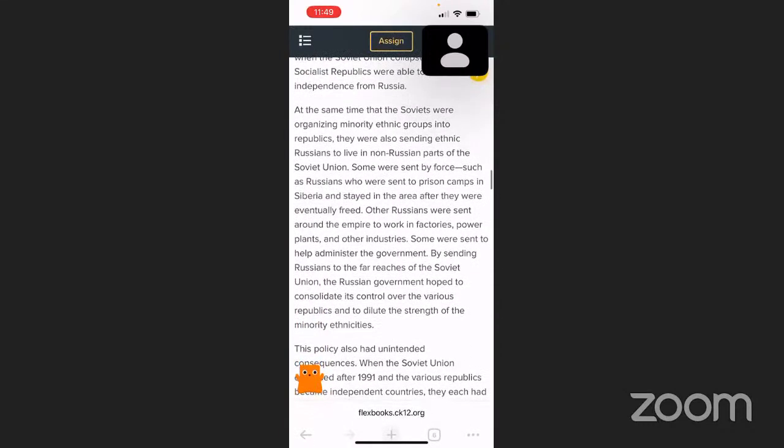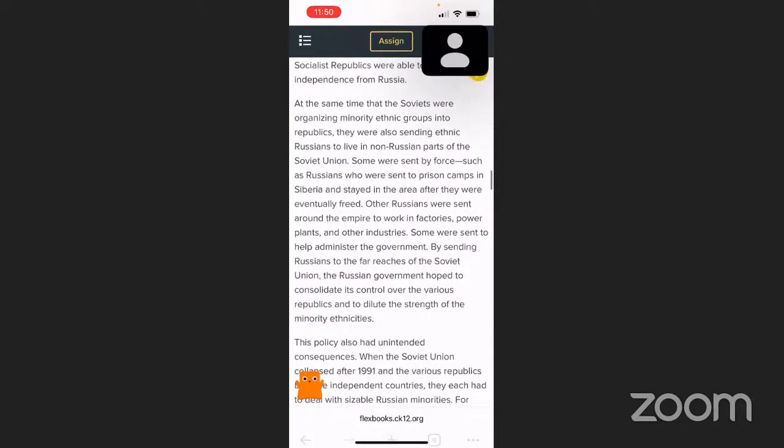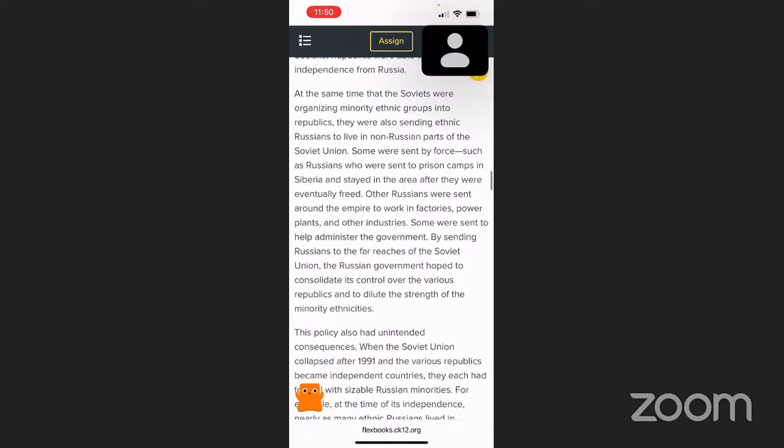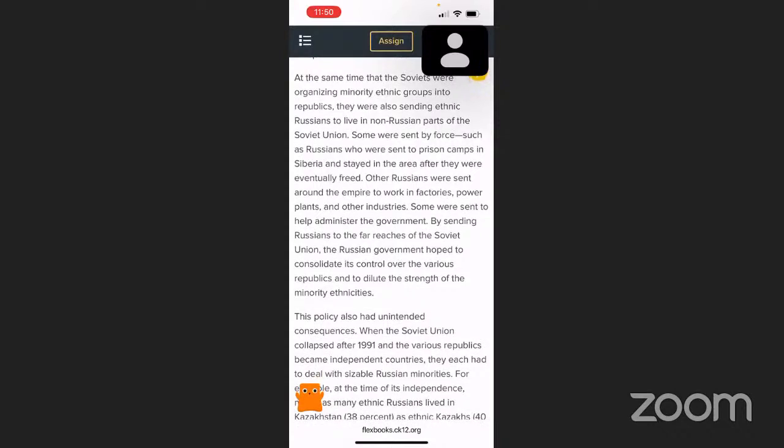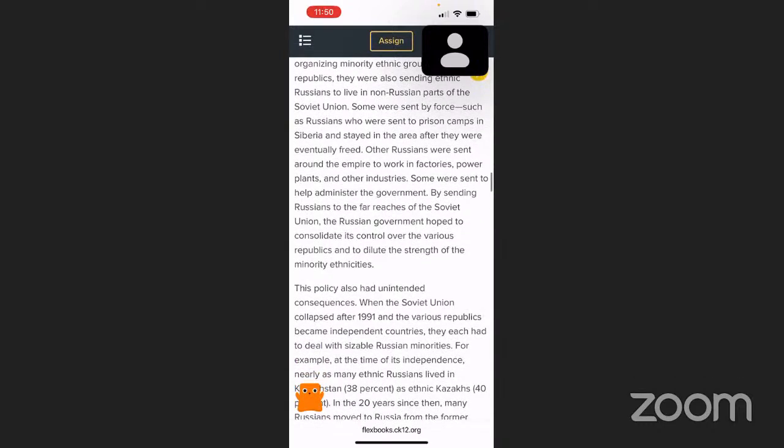At the same time that the Soviets were organizing minority ethnic groups into republics, they were also sending ethnic Russians to live in non-Russian parts of the Soviet Union. Some were sent by force, such as Russians sent to prison camps in Siberia, who stayed in the area after they were eventually freed.